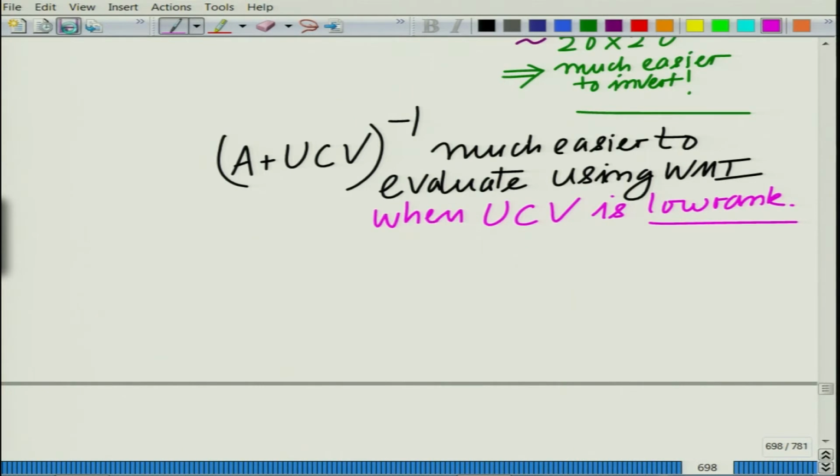I think that is something important. In fact, an extreme example of that is where U is a single vector and V is a row vector, and C is a scalar quantity, and then it simply becomes a rank 1 matrix.